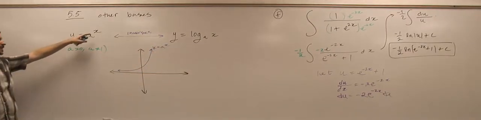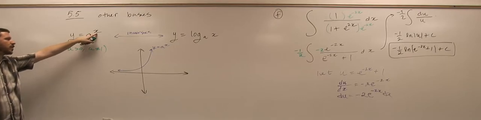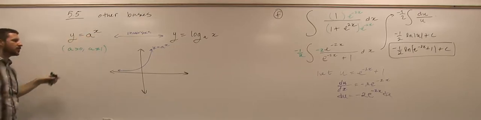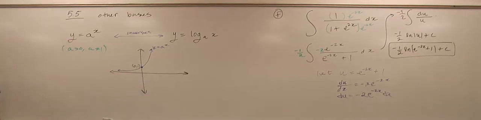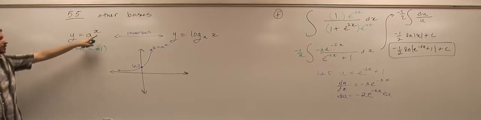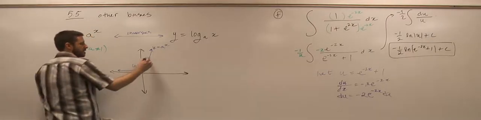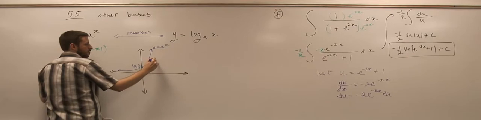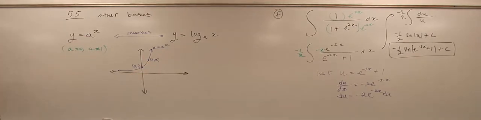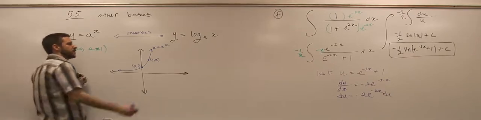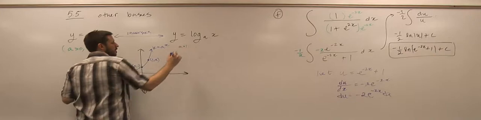For example, if you plug in 0 here, anything to the 0 is 1. So you know a to the x has a 0, 1 intercept. And if you plug in 1, you get out whatever a is. So this is kind of your general function graph for a to the x, as long as a is greater than 1.